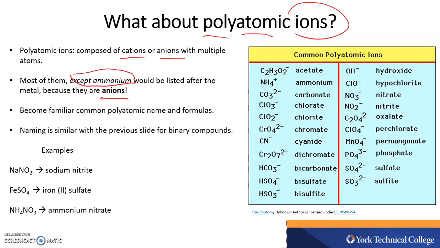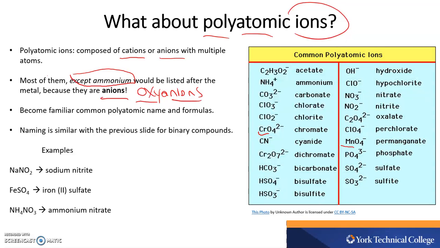These are all nonmetals except for chromium here, manganese here, and so on. But the rest of these are nonmetals. Specifically, most of these are oxyanions because they have oxygen and they are negatively charged species.